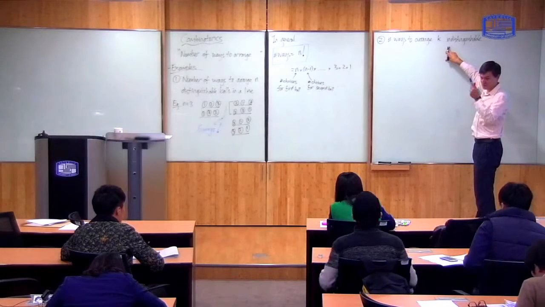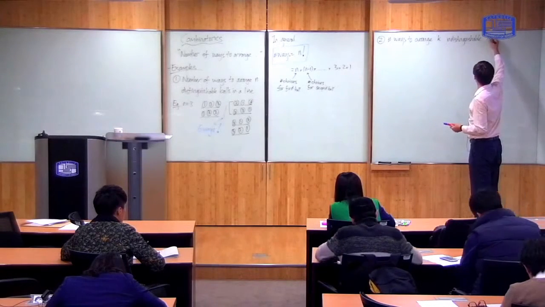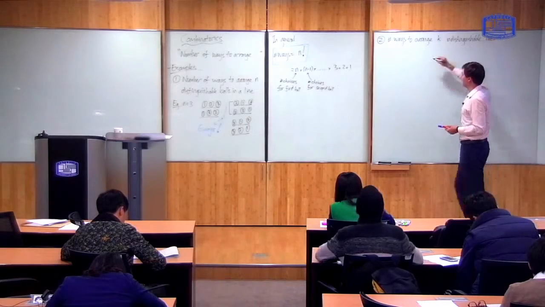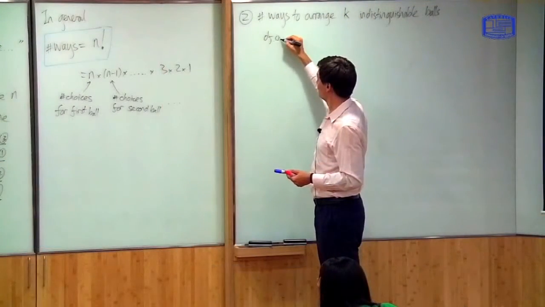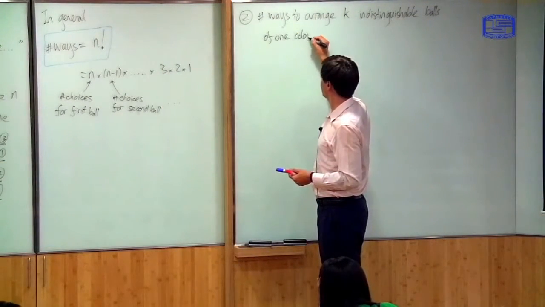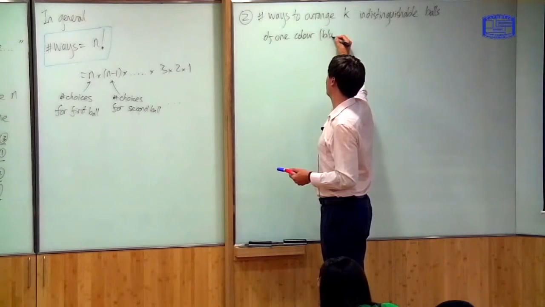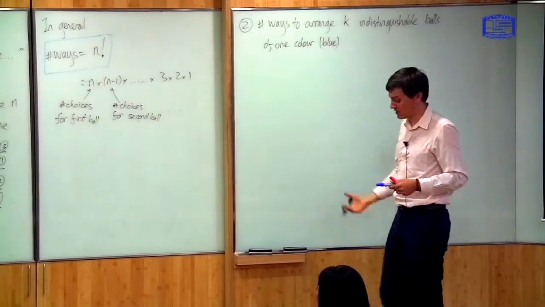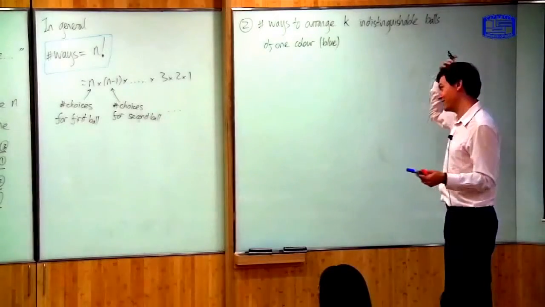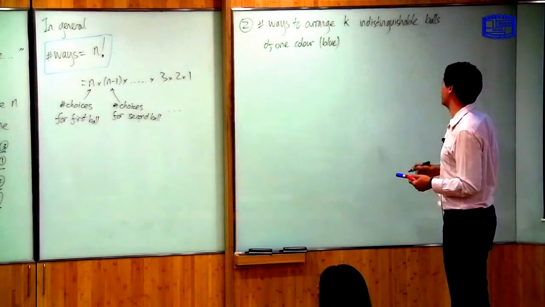Indistinguishable means you can't tell the difference, right? So indistinguishable balls of one color, which I'll assume is going to be blue. Again, the fact that it's color, the fact that it's balls doesn't matter. But it's just important that they're indistinguishable.